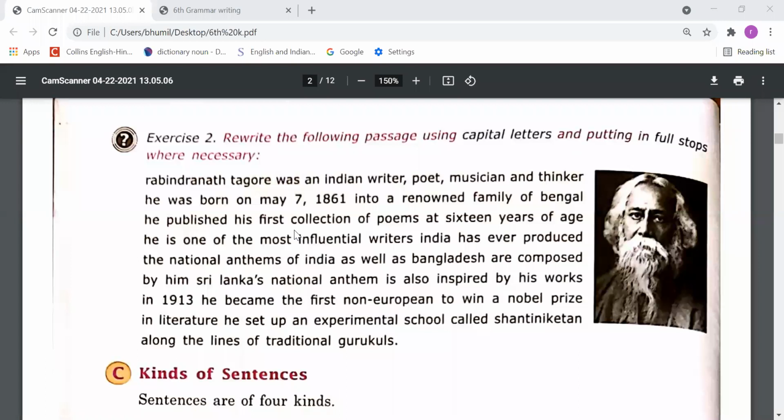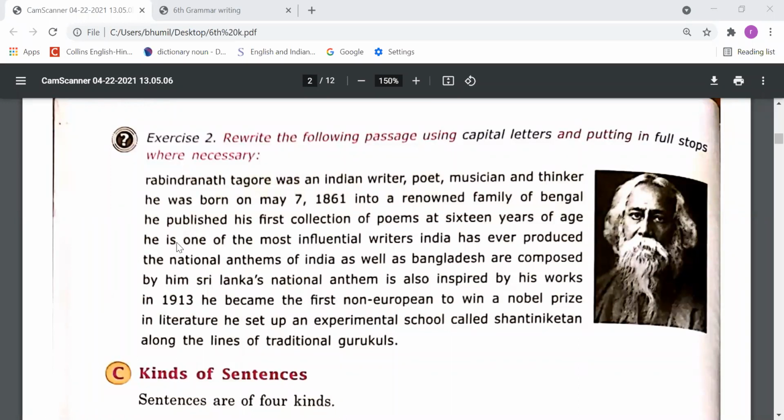So after age, again we need to put the full stop. And in this sentence, H we need to make capital because we have started a new sentence. Then the full stop we need to put after age.